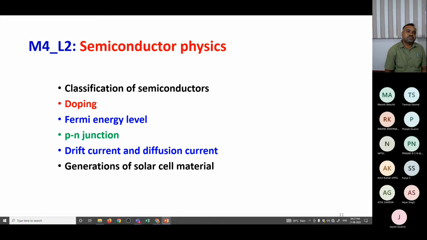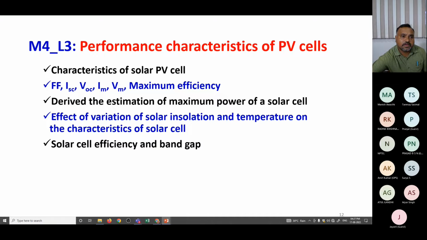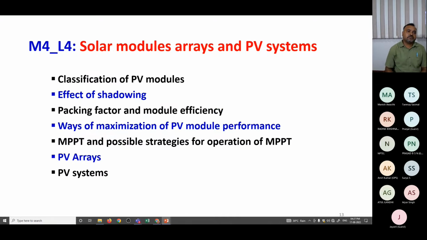In lecture 4 of module 4, solar modules, arrays, and PV systems were considered. Because first we are interested in cell characterization, then we go for a bigger version, like modules, then arrays.